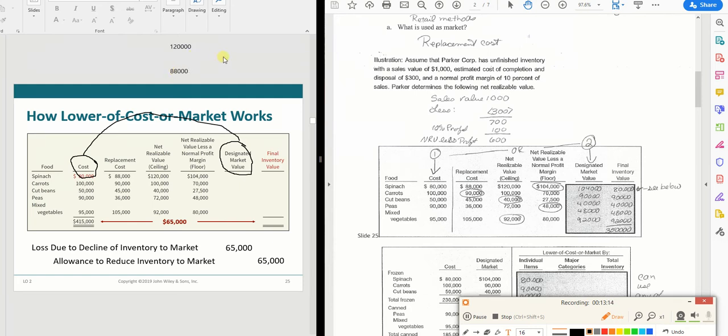As long as the replacement cost is not above this, I use the replacement cost, and if it's not below this, I use that. So I put my floors wrong, so let me back up and get my right floor, 104,000. So my net realizable value less the normal profit margin. So notice that my replacement cost is down here.